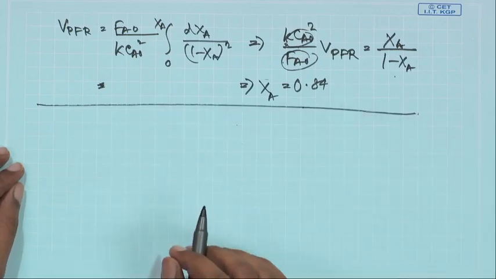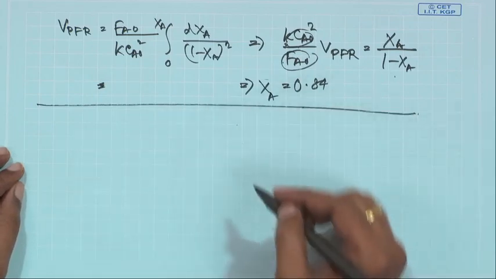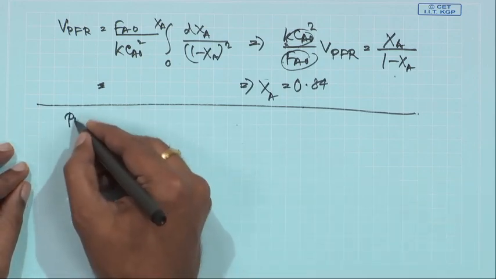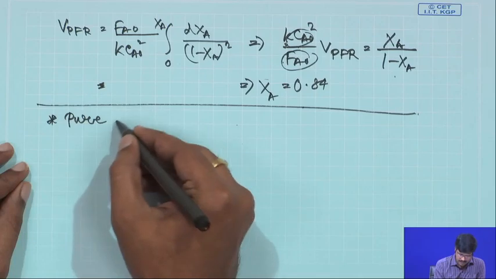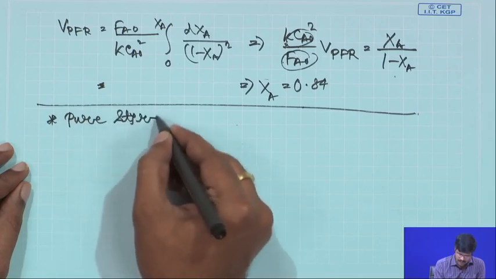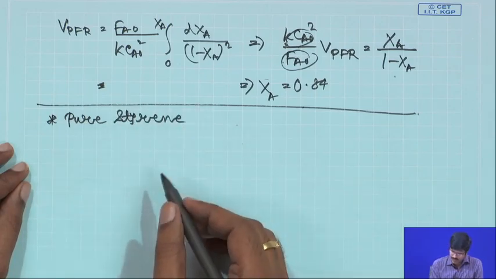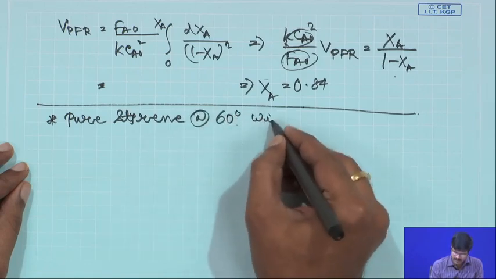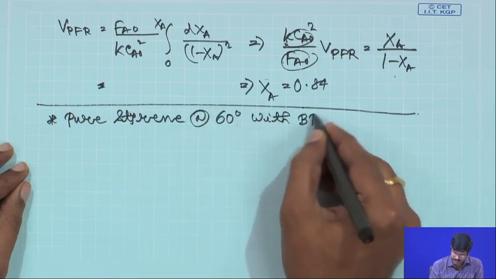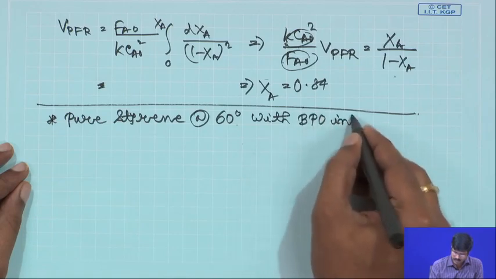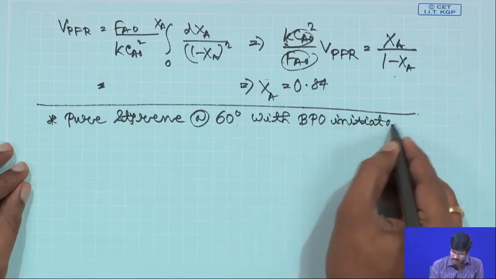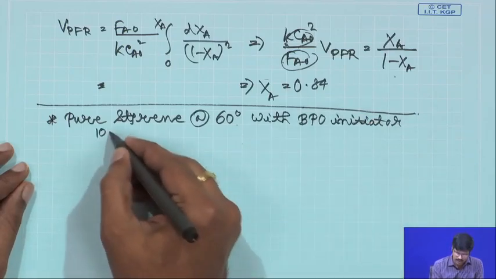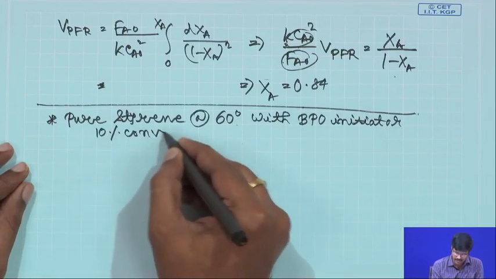Let us say we are going to use a batch reactor and we are polymerizing pure styrene at 60 degree Celsius with benzoyl peroxide as the initiator. We are using a batch reactor and we are aiming for 10% conversion.